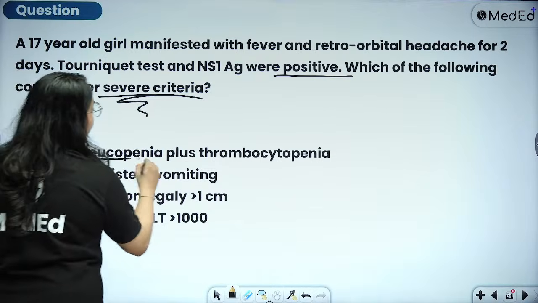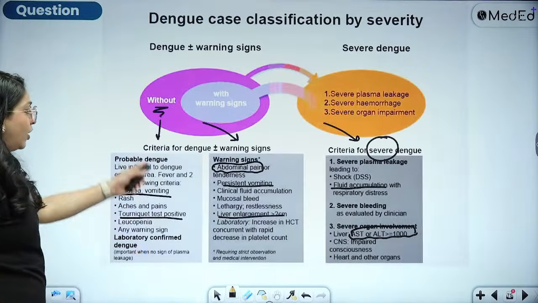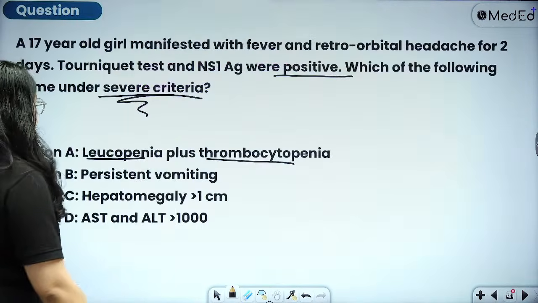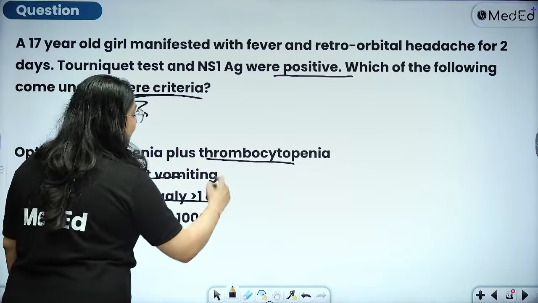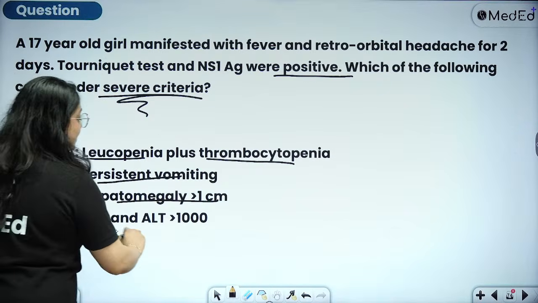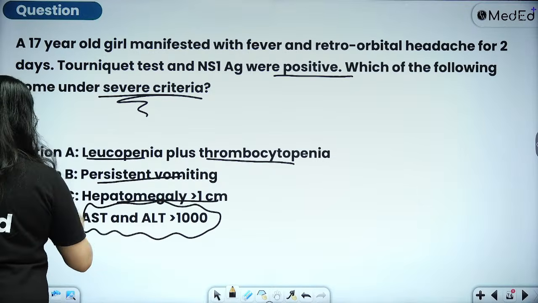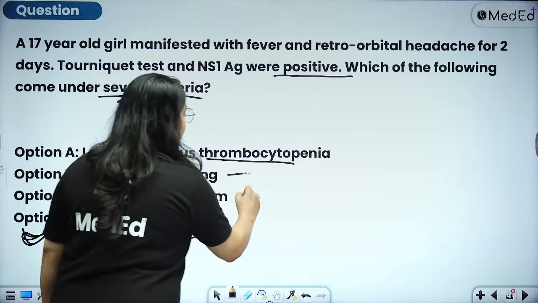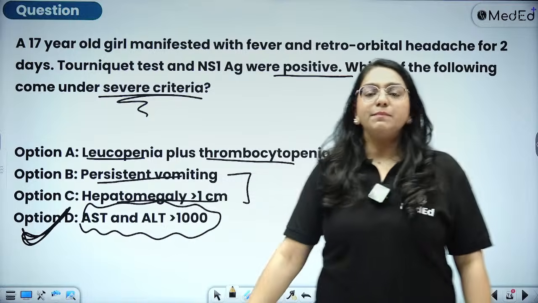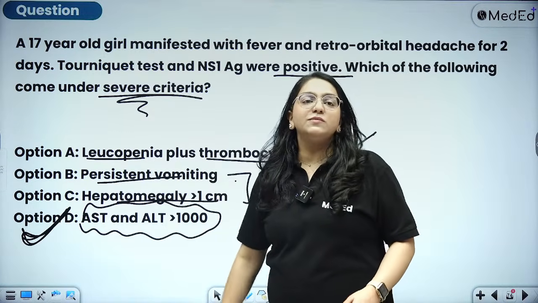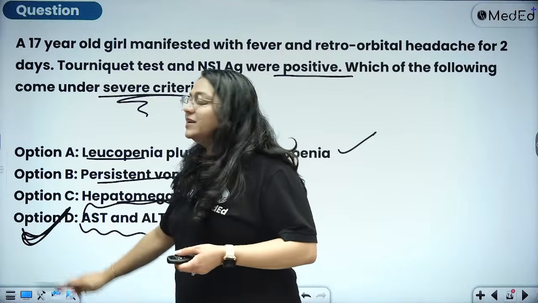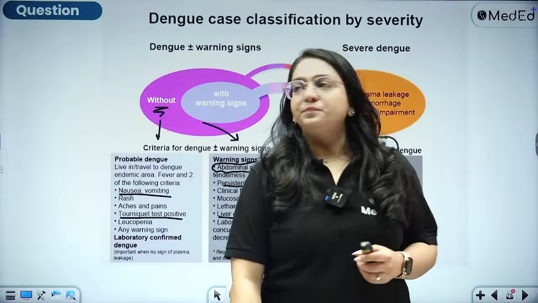Leukopenia plus thrombocytopenia is simply your dengue. Persistent vomiting is a warning sign. Hepatomegaly is a warning sign. AST and ALT more than 1000 become your severe dengue. This is dengue fever without warning signs, this is with warning signs, and this becomes your severe dengue. So option D is your severe dengue, right?